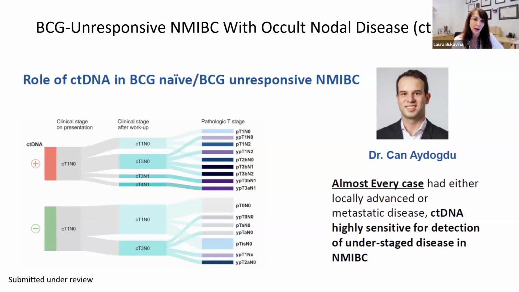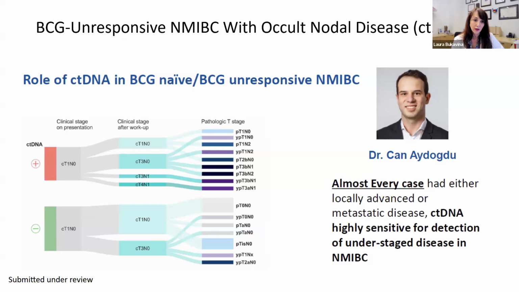A lot of times we don't get an MRI of the bladder, but we do in this case when their ctDNA turns positive. However, we still find that many of these are still considered T1, and we don't see anything concerning radiographically, but the majority of these patients are N1 or N2, or at least locally advanced in terms of muscle invasive disease, or even higher.